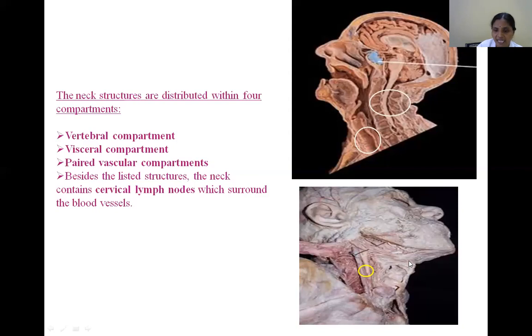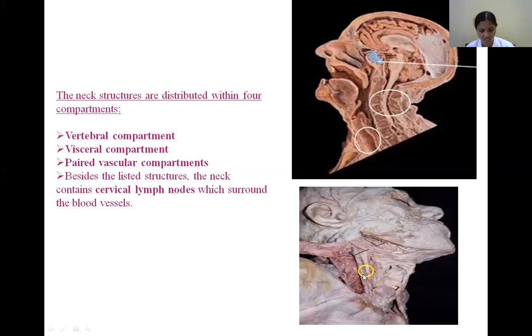Then on either side of the visceral compartment, a pair of vascular compartments. So what is this vascular compartment? It is indicated by the carotid sheath. So this vascular compartment is enclosed by the carotid sheath, enclosing three important structures: the carotid system of arteries, then the internal jugular vein.